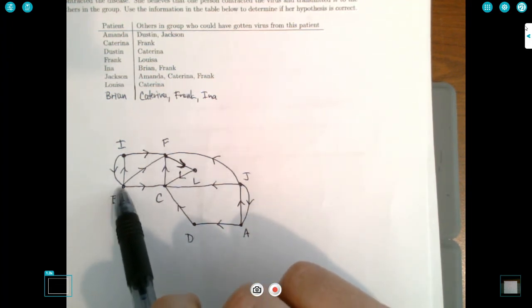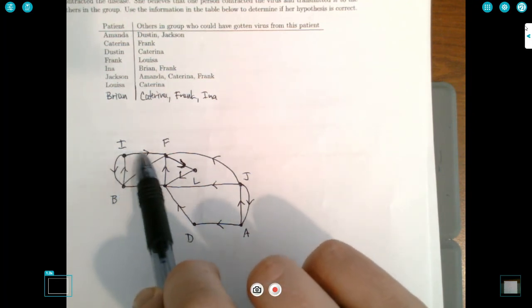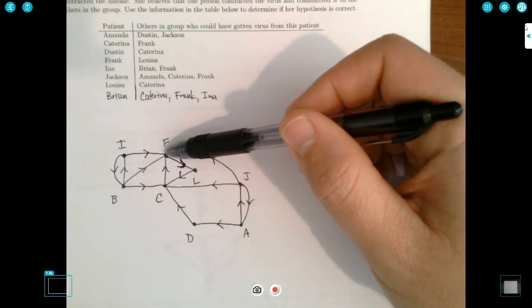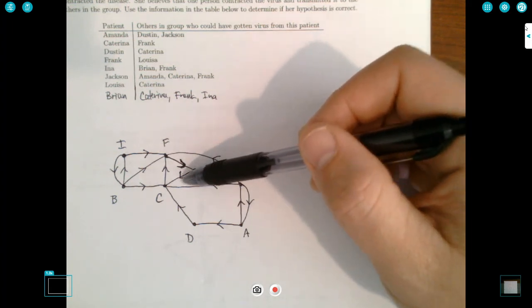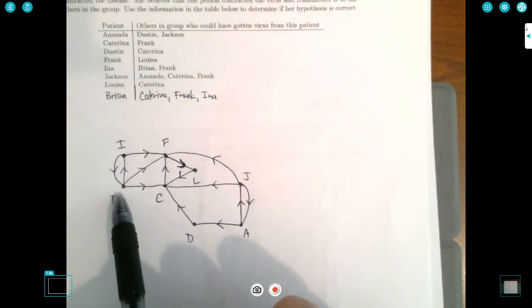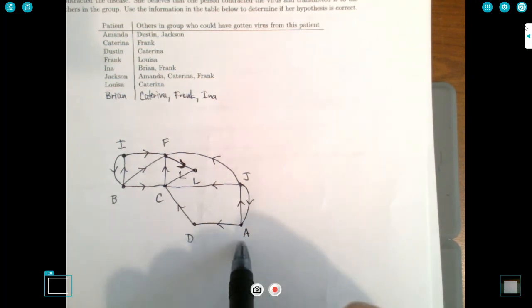Maybe I can go from Brian to Ina over to Frank. Once I get to Frank, though, I end up in this Katerina vortex. So it doesn't appear to be possible for the virus to have started with Brian and gotten to Amanda.